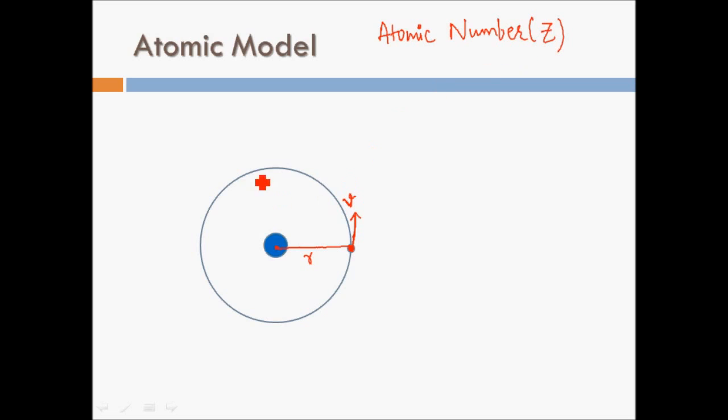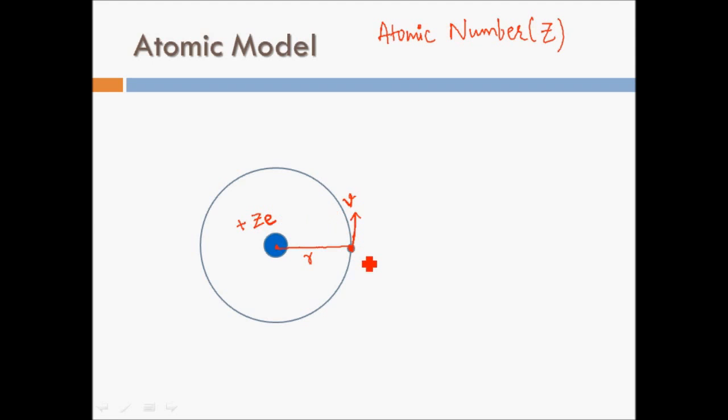So if this is some random atom, it will have Z protons present inside it, which means the positive charge inside this blue colored nucleus is plus Ze, where e is the charge on one proton, whose value is 1.6 into 10 to the power minus 19 coulomb.